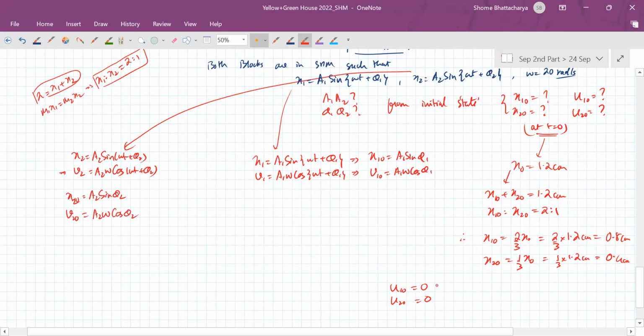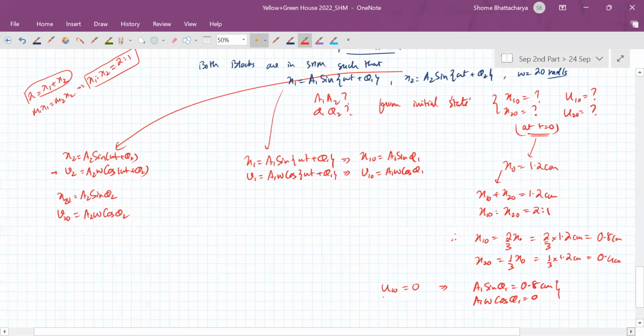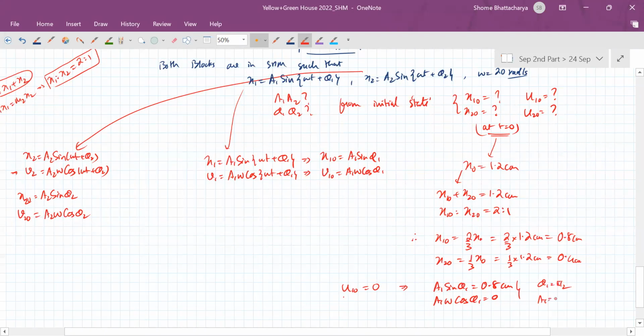Okay. So A1 sine phi 1 is equal to 0.8 centimeters, and A1 omega cos phi 1 is 0. So this pair of equations is telling me that phi 1 must be pi by 2 and A1 must be 0.8 centimeters. So x1 must be 0.8 sine of omega t plus pi by 2, or cos omega t.